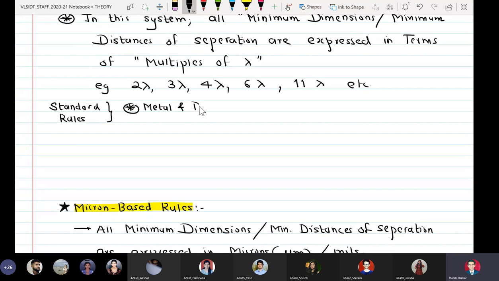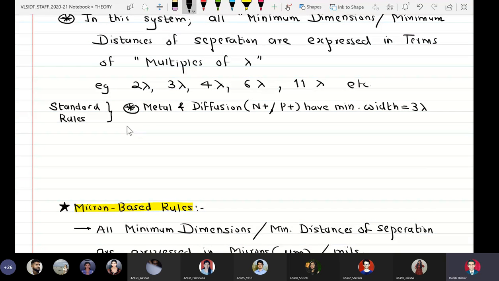When I say diffusion, it is n plus diffusion and p plus diffusion. So it can be n plus diffusion or it can be p plus diffusion. We'll first write the rules and then we'll verify them.